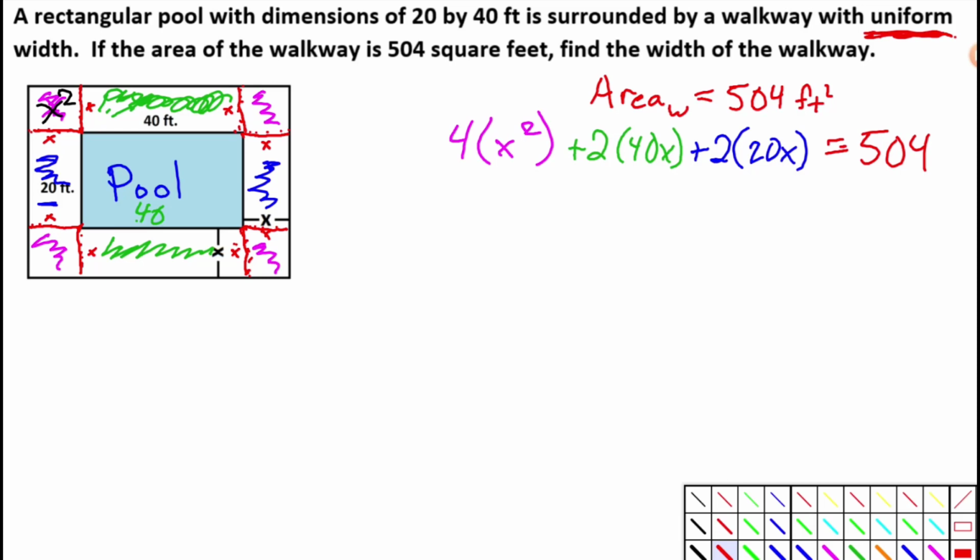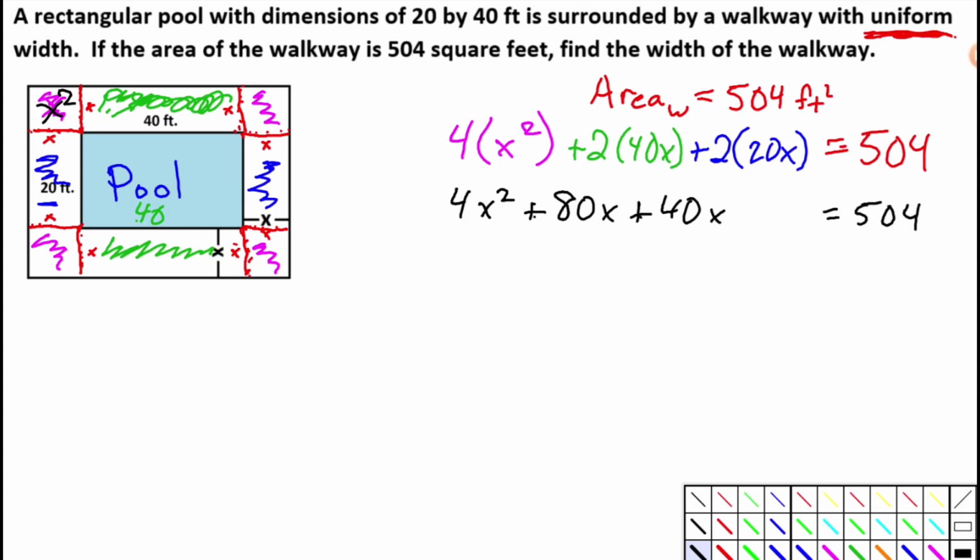All right, now let's see. Let me simplify this a little bit and let's see if this starts looking like a math problem that we can do. So what do I get here? 4x squared is just 4x squared plus 80x, plus another 40x has to equal 504 square feet.